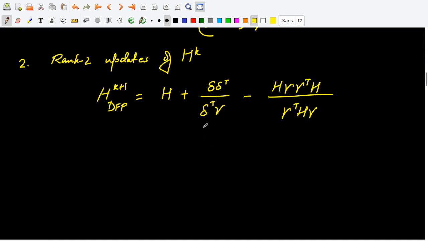So each of these two terms that we add to H are rank 1. So we get a rank 2 update for H. This method is named after Davidon, Fletcher and Powell. And it turned out to be pretty good and useful. And we saw this method and tried to derive why we should get this form.